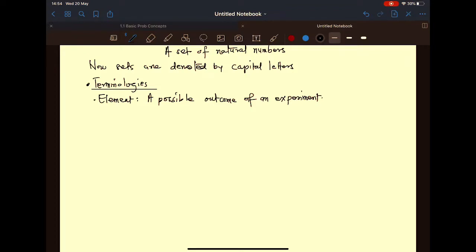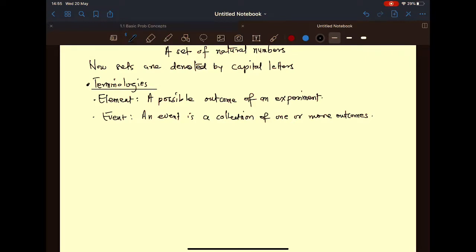The next thing we would want to look out for is what an event is. An event is a collection of one or more outcomes. With that same example of the coin flip, the collection of outcomes we have in there are heads or tails.